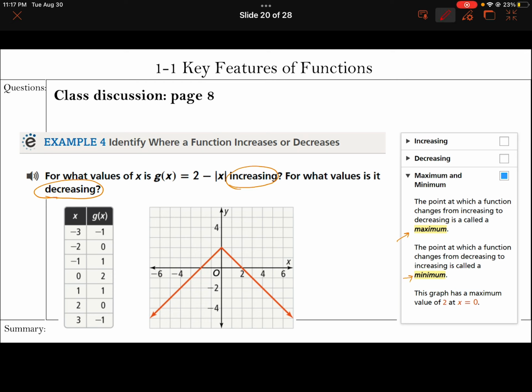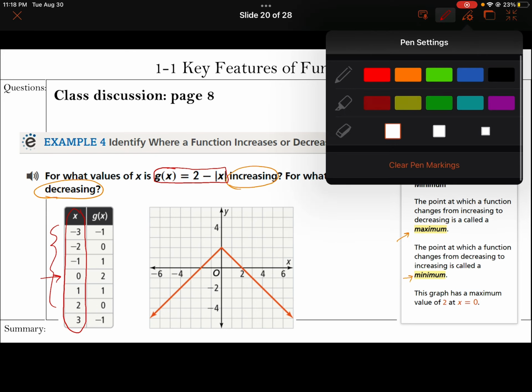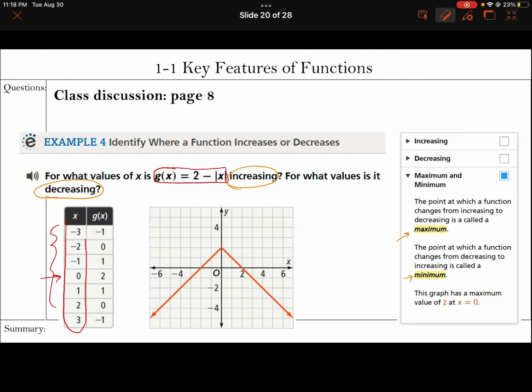So if we graphed g of x equals 2 minus absolute value of x, we would just start out with any numbers. You just choose your x values. It can be any x values, but it's easier when it's close to 0 because it's smaller numbers.